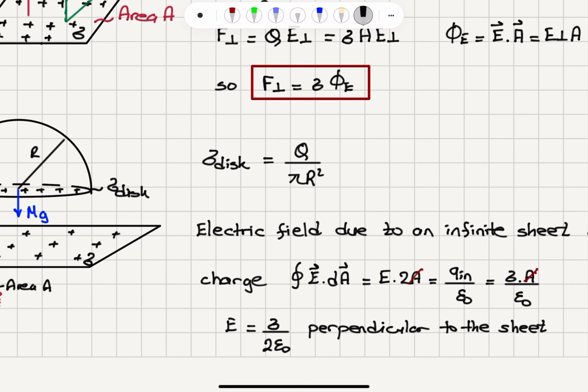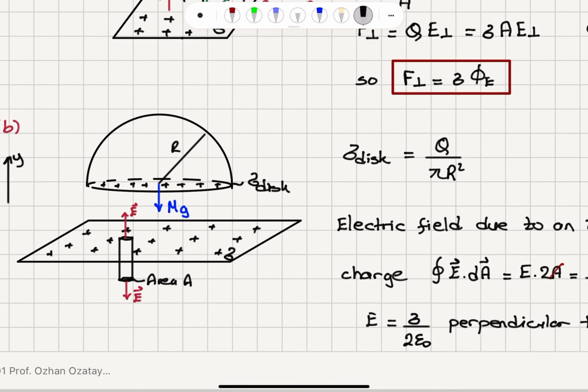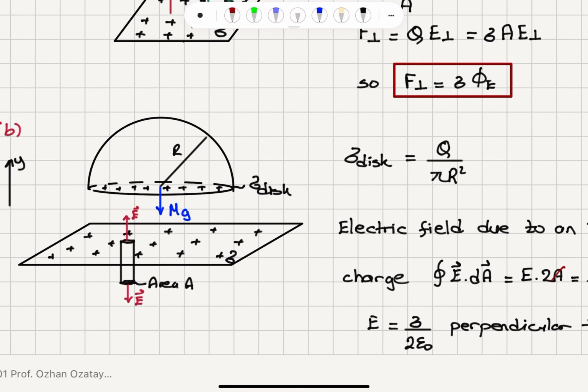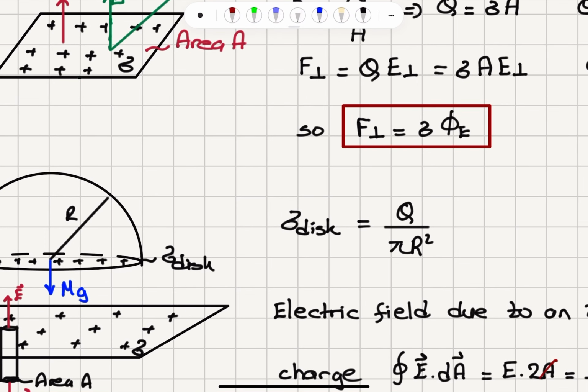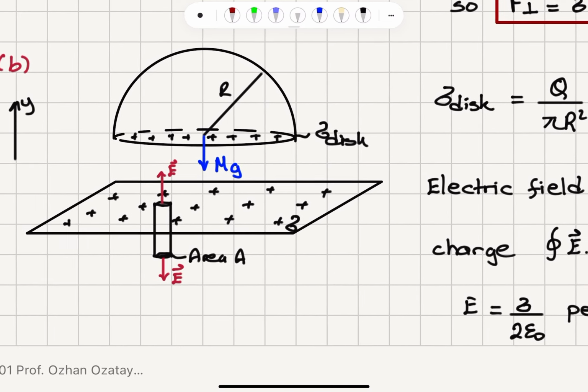of charge. Okay, so there is an external electric field created by this sheet of charge on this flat circular disk of the hemisphere. So this is going to feel a force due to that, and in part A I have seen that the force is equal to the charge density, sigma disk, multiplied by the electric flux created by this electric field.